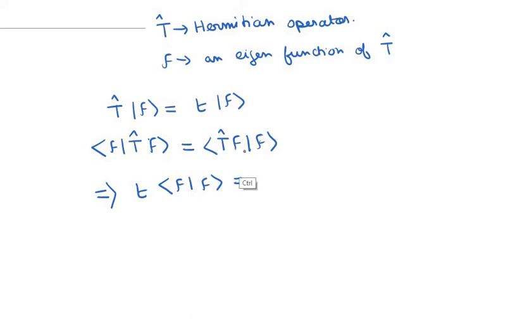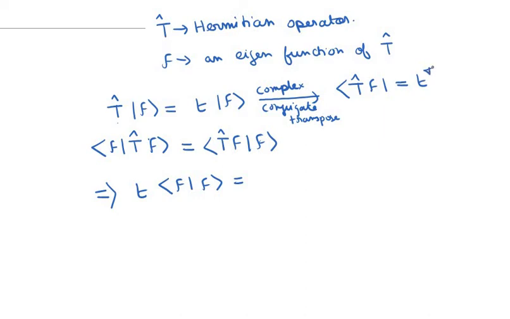If we take the complex conjugate transpose of both sides, not only the complex conjugate but the complex conjugate transpose, we basically get (Tf, f) is equal to t star (f, f).